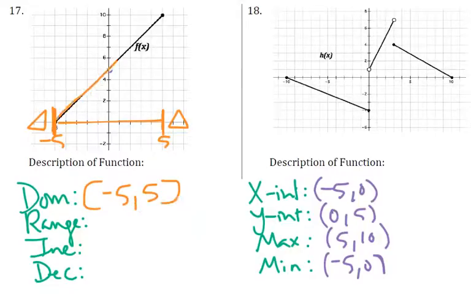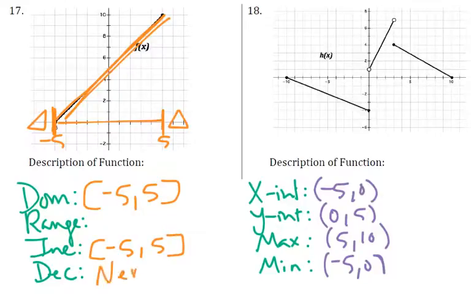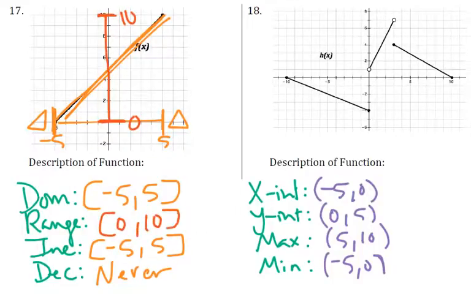Notice that our graph is increasing that whole domain, which would make our increasing interval the same as the domain. So it would never decrease. Now the range, we start how low it goes to the x-axis, and it goes up to 10. So it would be from 0 to 10. And there's our stuff for number 17.